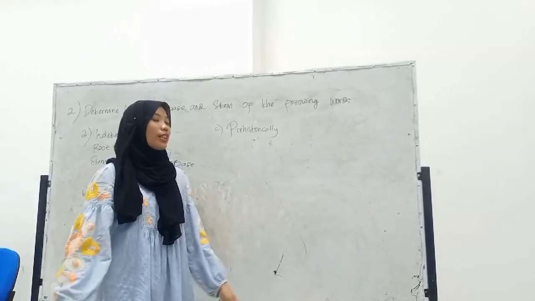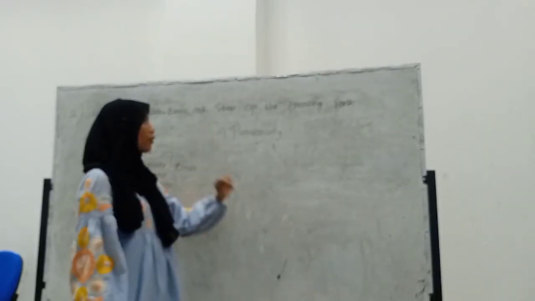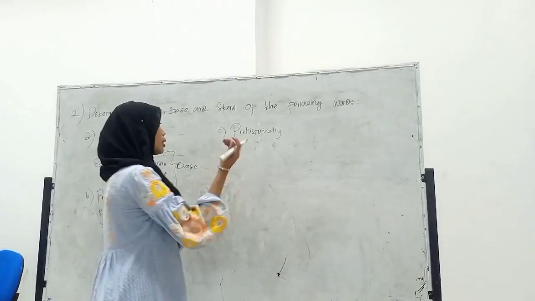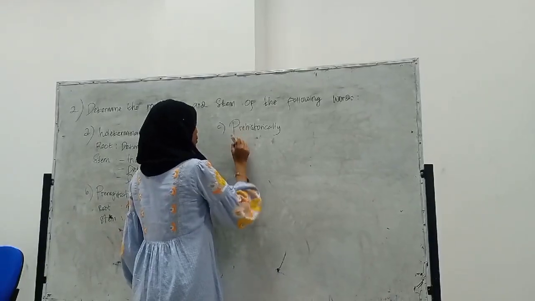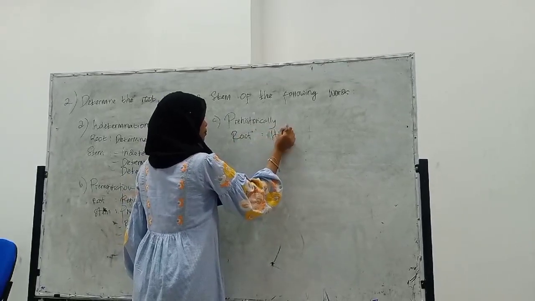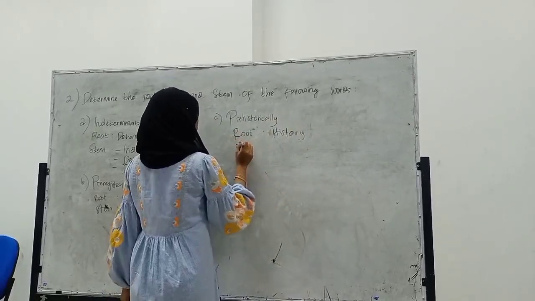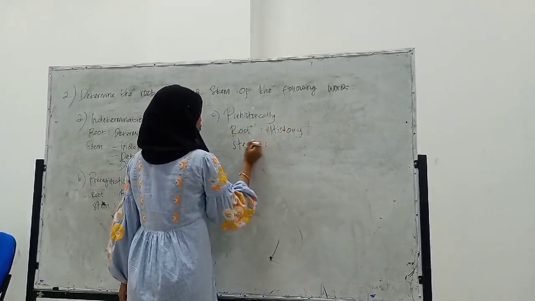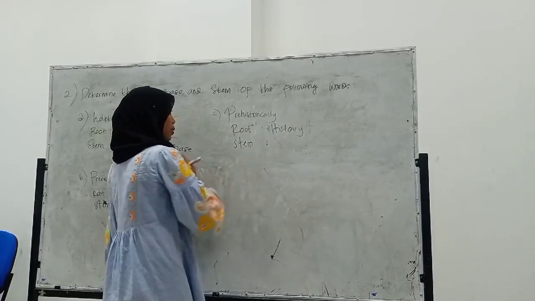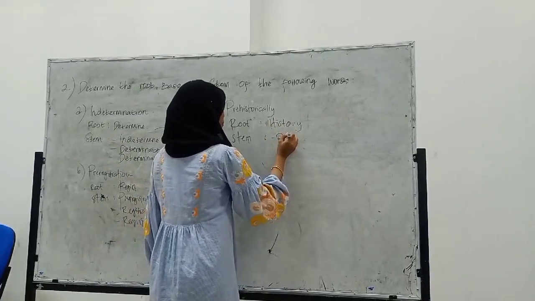Okay guys, I will continue to determine the root, base, and stem of the word prehistorically. So for prehistorically, the root is history. Then there are four stems from prehistorically. The first one is prehistory.